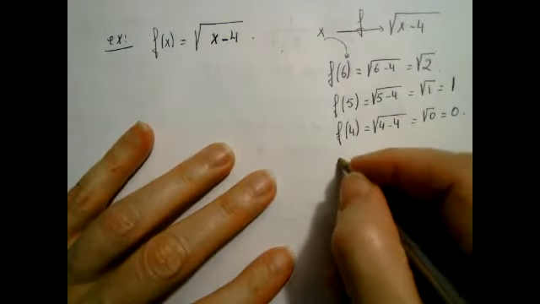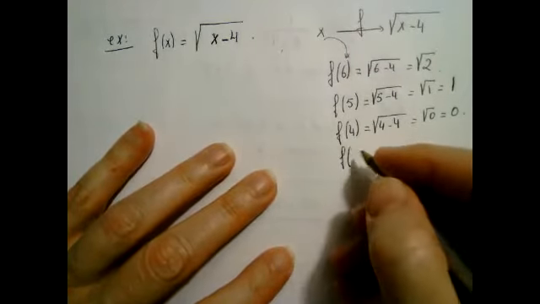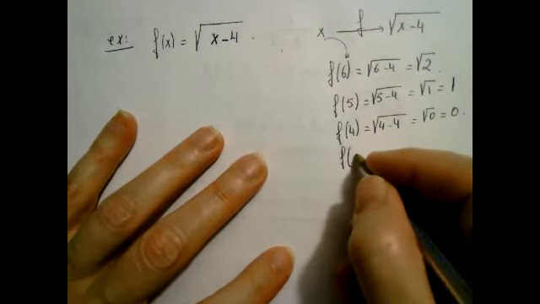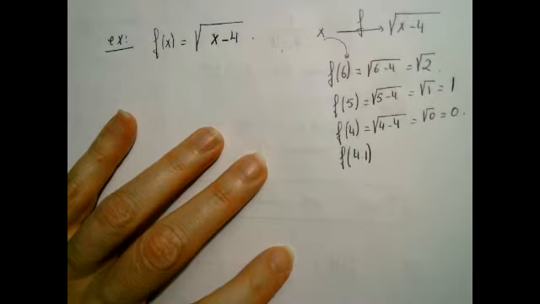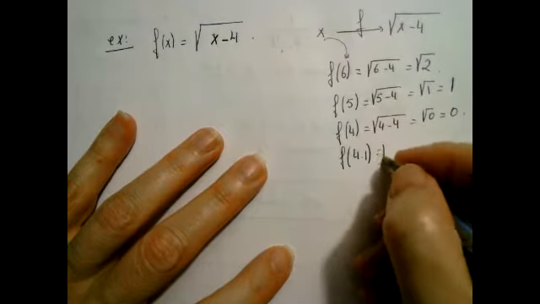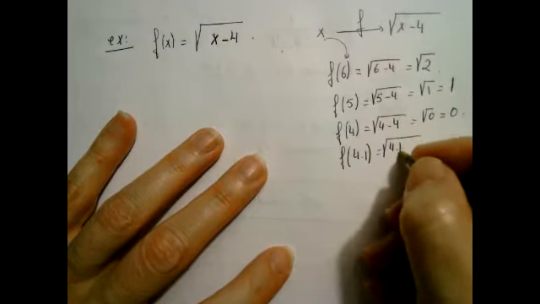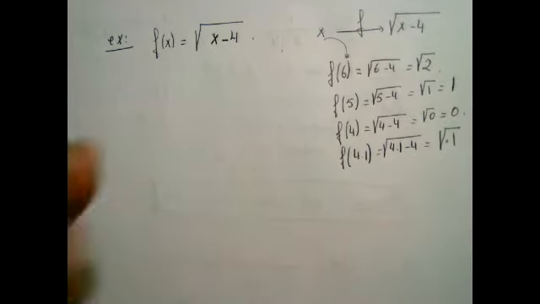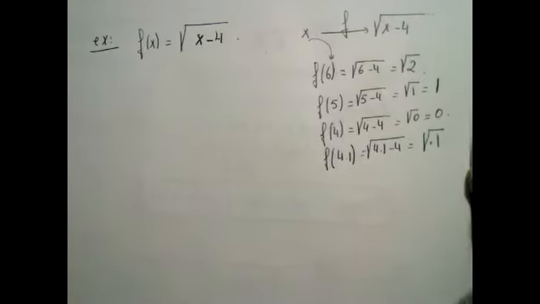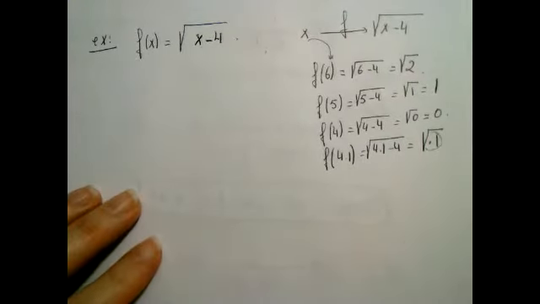Can I input 4.1? Is there any issue with 4.1? It's the square root of 4.1 minus 4, the square root of 0.1. I don't know what it is, but the calculator can give me the number that, when you square it, gives 0.1.